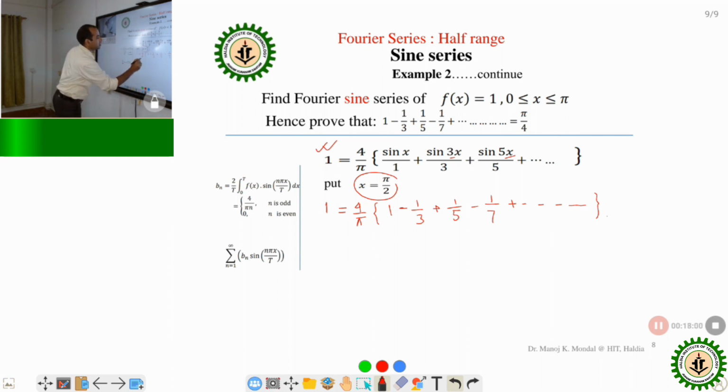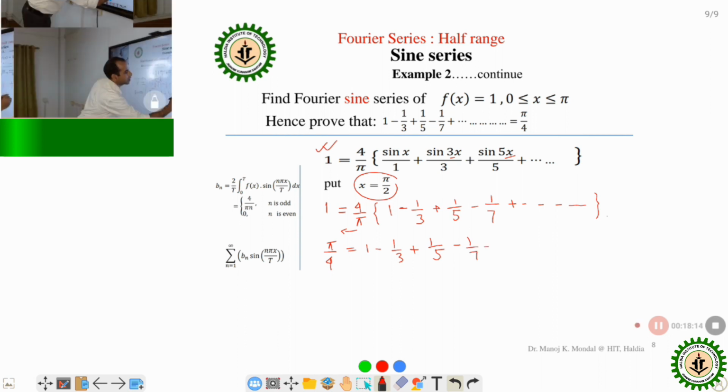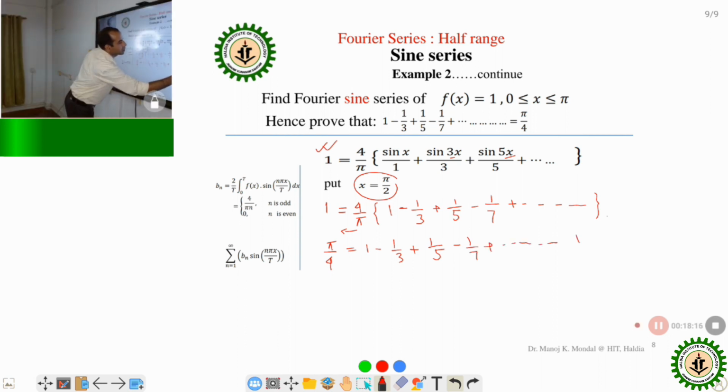If I take this constant to the other side, pi by 4 equals 1 minus 1 by 3 plus 1 by 5 minus 1 by 7 plus and so on. So this will be the proof.